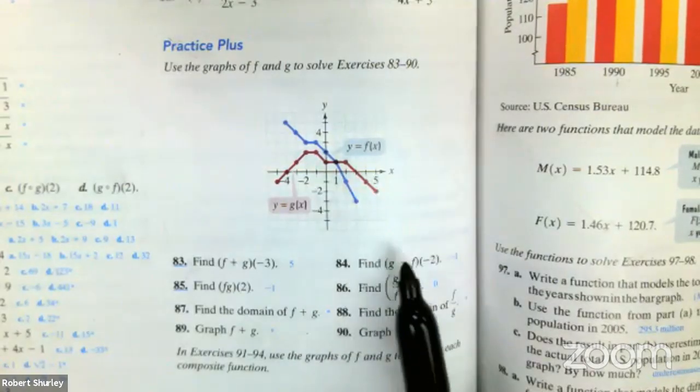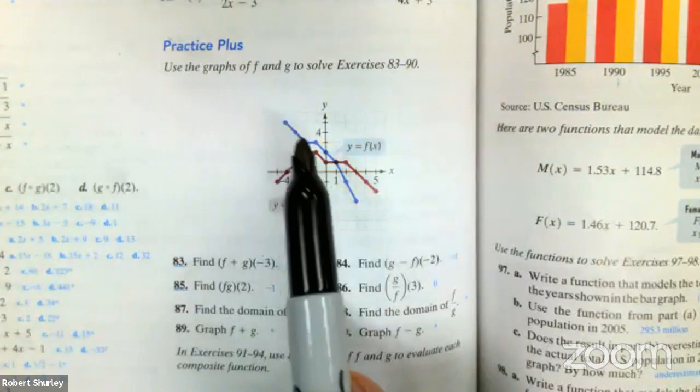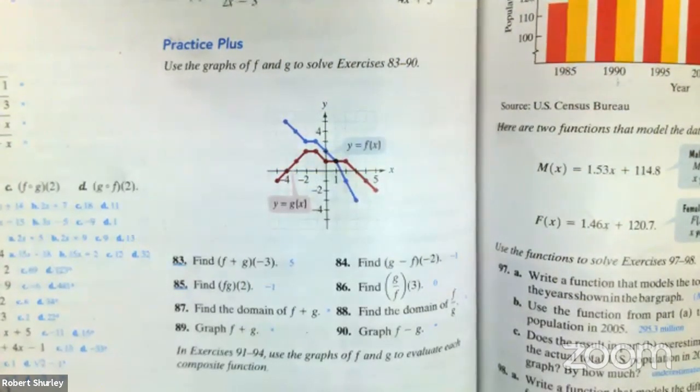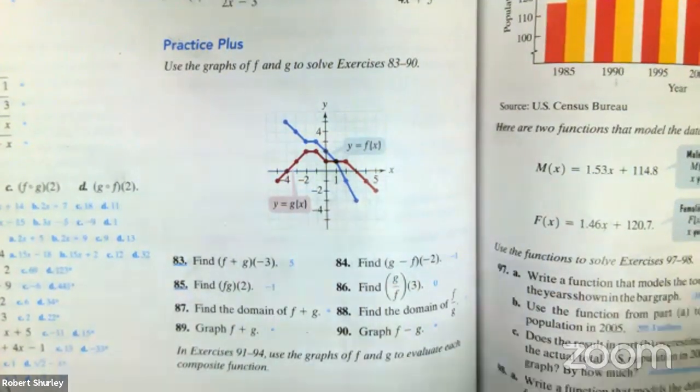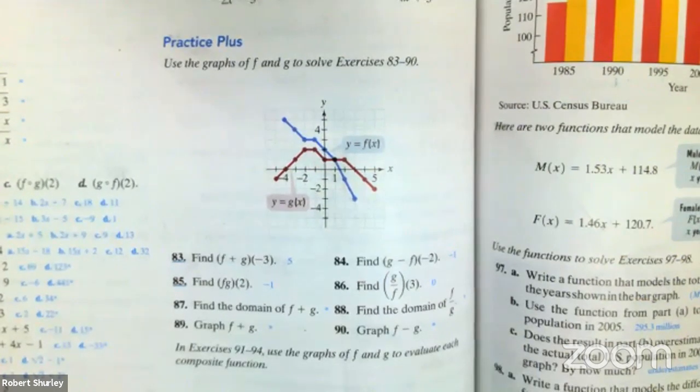Now we're back to combinations. We've got these two functions: the blue function is the f function and the g function is the red function, right? I'm going to try 84 here. We're finding g minus f of -2.